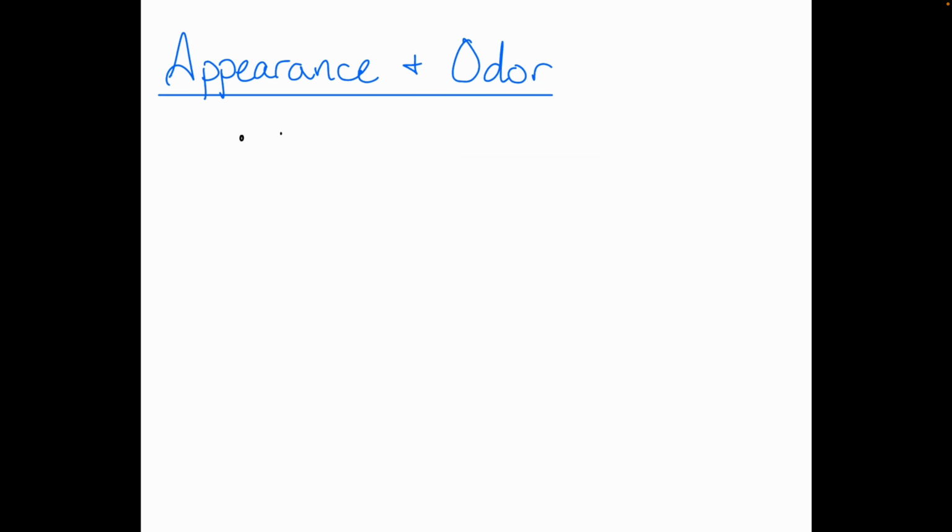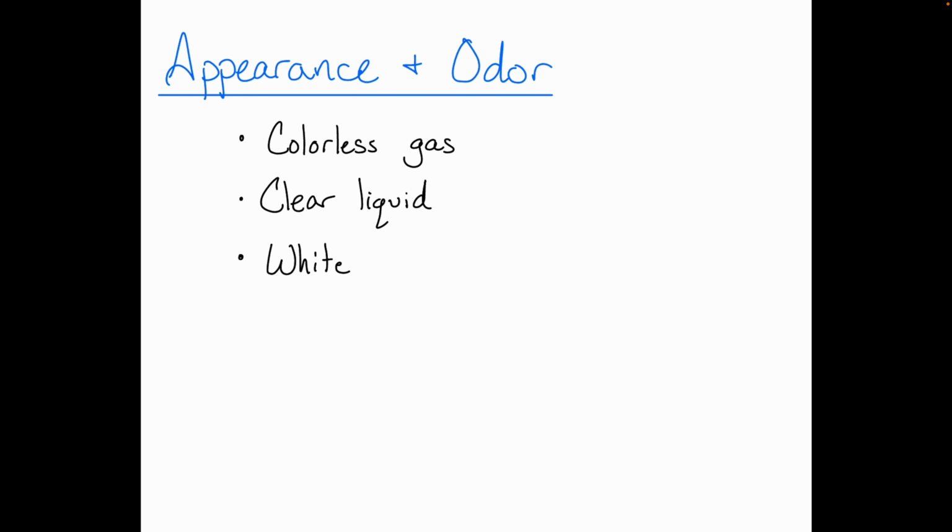All right, so they're either a colorless gas if they're one of the small ones, or a clear liquid if they're one of those medium-sized ones. And those really long ones form these white, waxy solids.